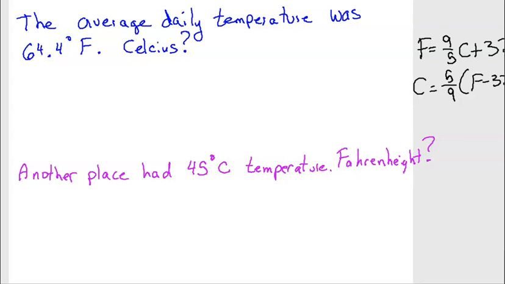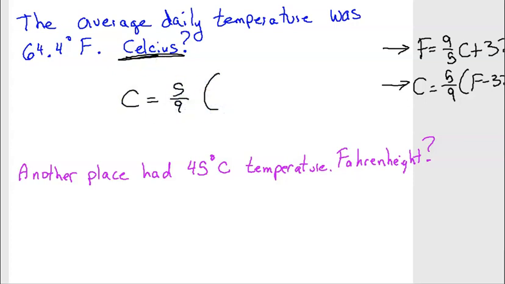And then finally, the average daily temperature. This is a Celsius to Fahrenheit, Fahrenheit to Celsius. If you go back and look at the formulas I gave you, you have 2 formulas right here, converting Fahrenheit to Celsius and Celsius to Fahrenheit. So the average daily temperature was 64.4 degrees. We want to know the Celsius temperature. So we're going to use this formula, 5 ninths.